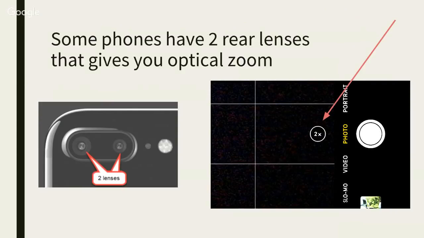Next thing to know, take a look at your lenses, especially the rear lens. If you have two, then that means you have an expensive phone for one. That's the Apple Plus. The Plus sizes are primarily the phones that have the two lenses.